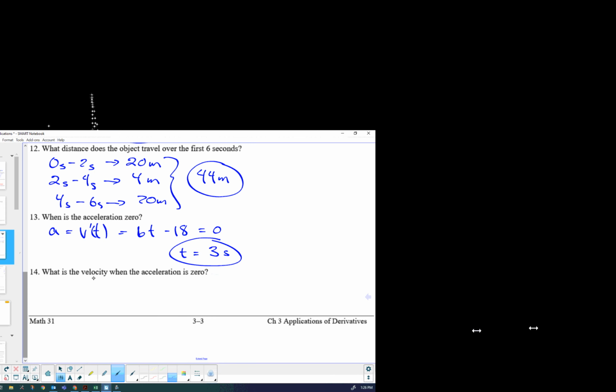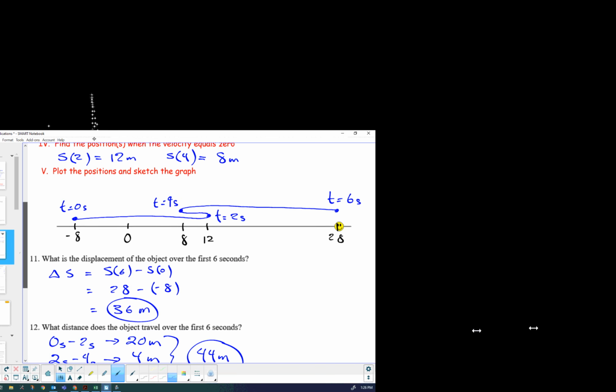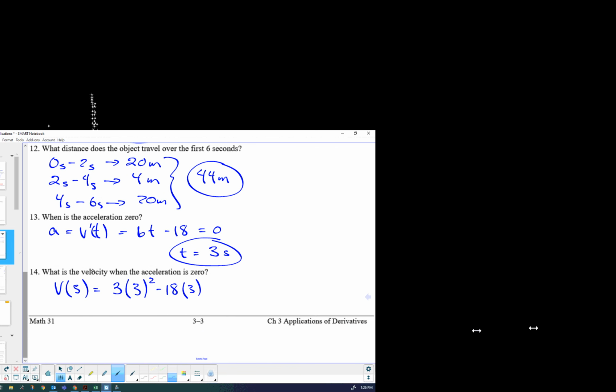Velocity when acceleration is 0. Plug in 3 into the first derivative. So we want, we have 3 plus 24.